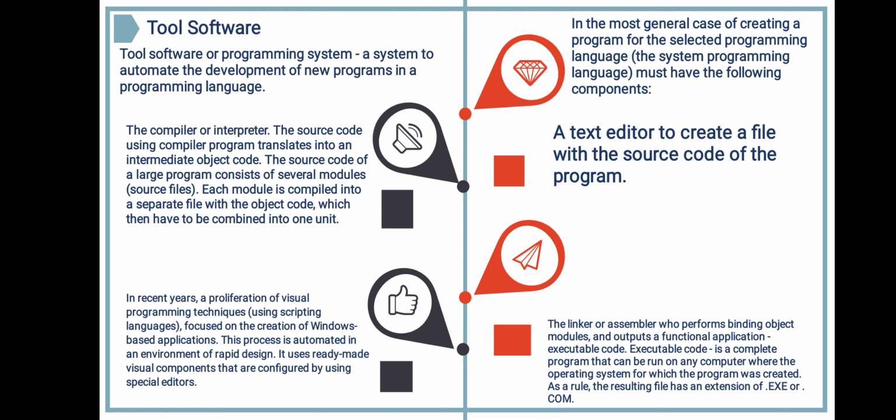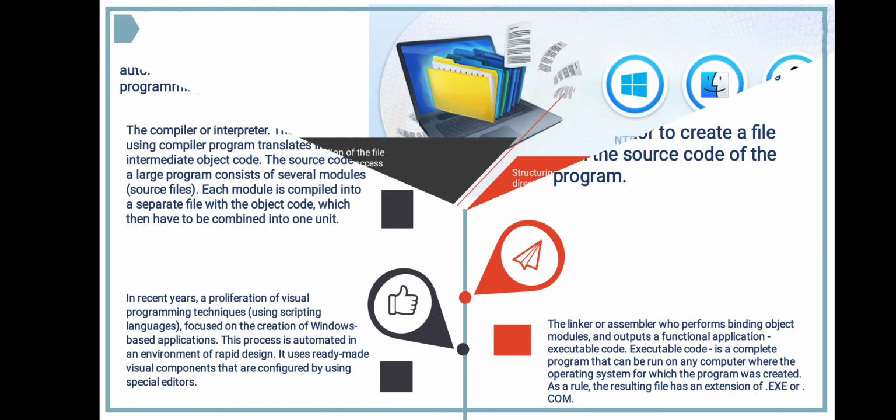In recent years, visual programming techniques using scripting languages have proliferated, focused on the creation of Windows-based applications. This process is automated in a rapid design environment. It uses ready-made visual components that are configured by using special editors.